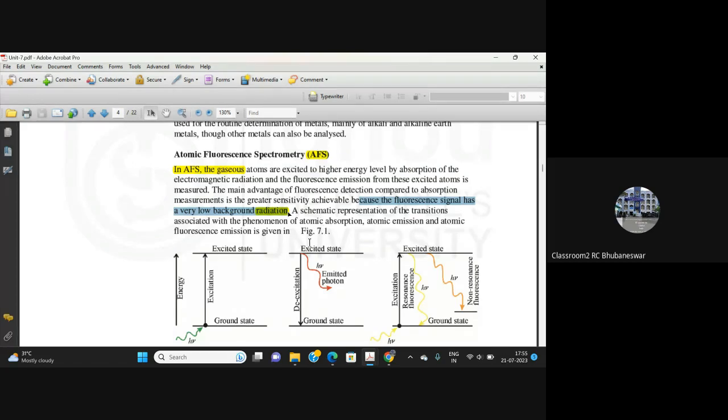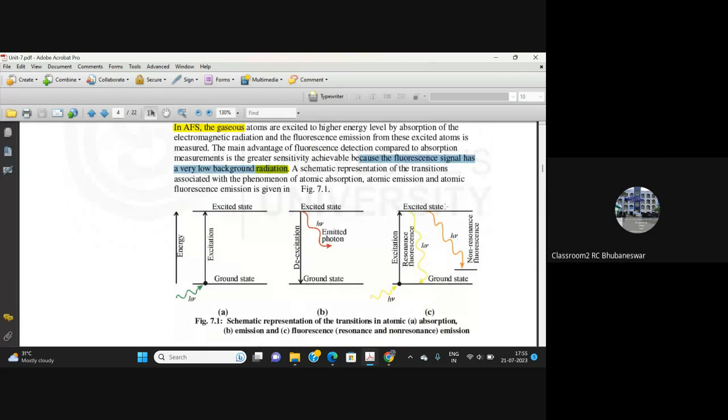Okay, so this is the diagram which is showing you the transitions. In atomic absorption, there is excitation from ground state to excited state, that is absorption. Emission is the middle one, that is de-excitation, and it is emitting a certain photon.